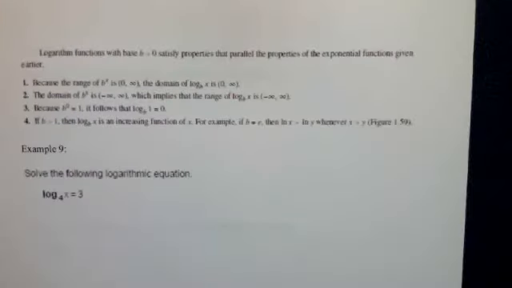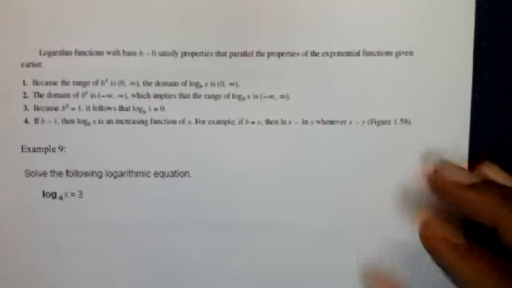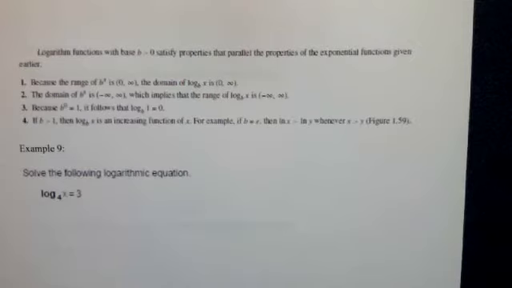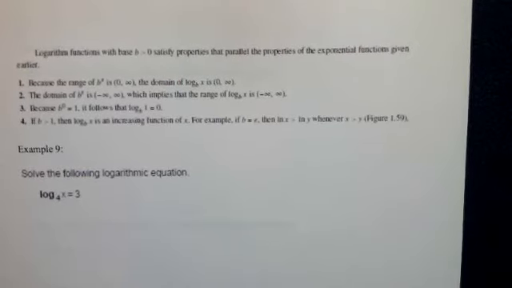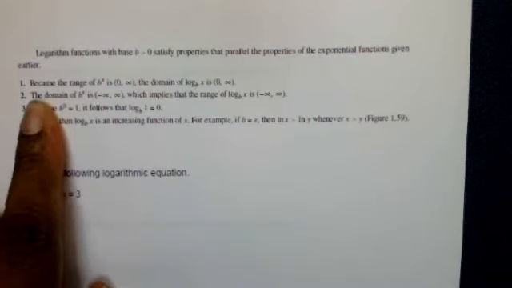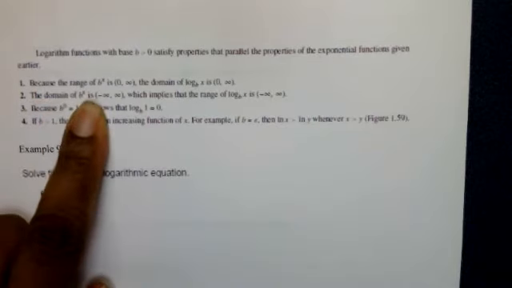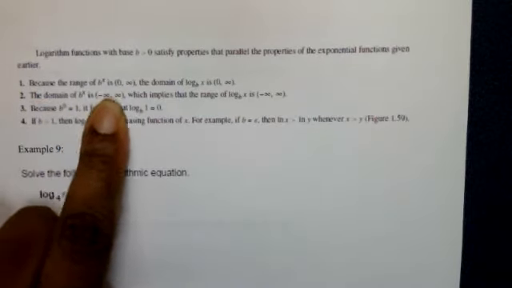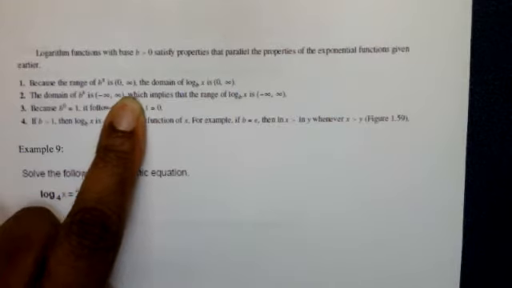All right, on the next page, here we have logarithmic functions with base b greater than 0 that satisfy the properties that parallel the properties of exponential functions given earlier. Here, the range of b to the x is going to be 0 to infinity.